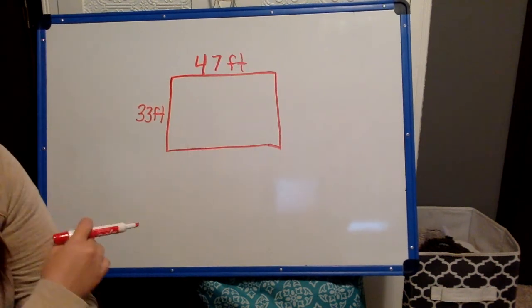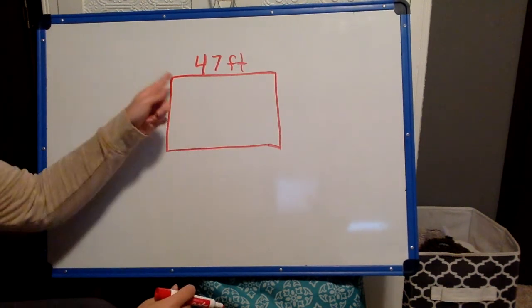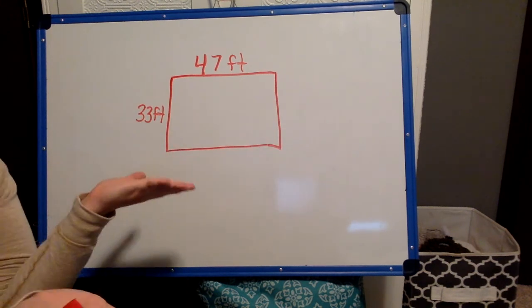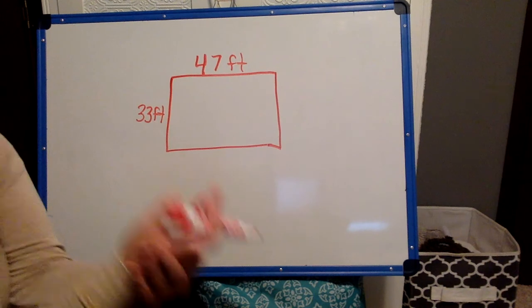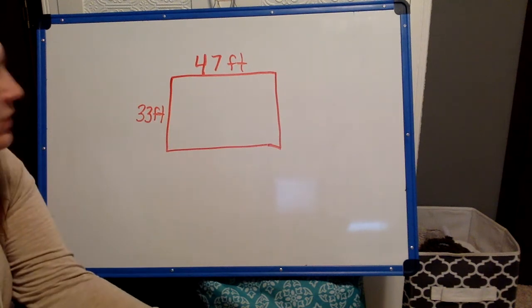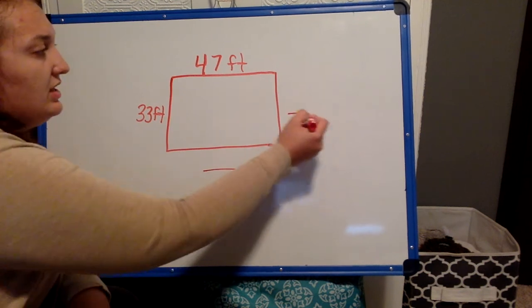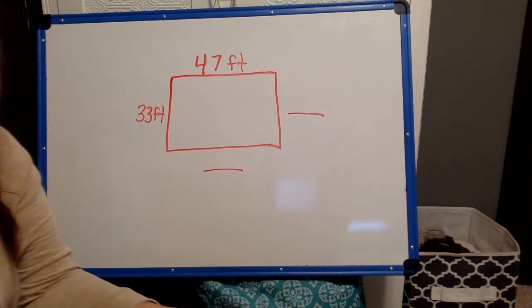Got it. And I know perimeter is all the edges, but I don't have numbers for these sides. It just said 33 feet by 47. Is there anything we know about a rectangle that can help us figure out what these numbers are?